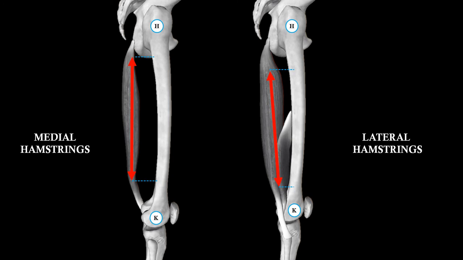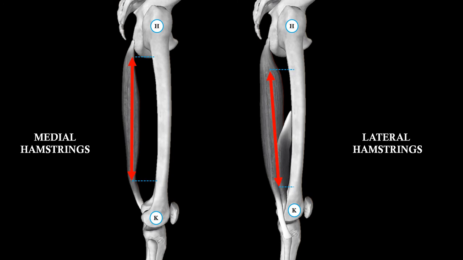But there is a far greater moment arm length between the muscle of the lateral hamstrings and the hip than there is for the lateral hamstring at the knee. Whereas the medial hamstrings, the semimembranosus and semitendinosus, have a slightly greater moment arm length at the knee as opposed to the hip. Therefore, they show preferential recruitment in exercises that require knee flexion.